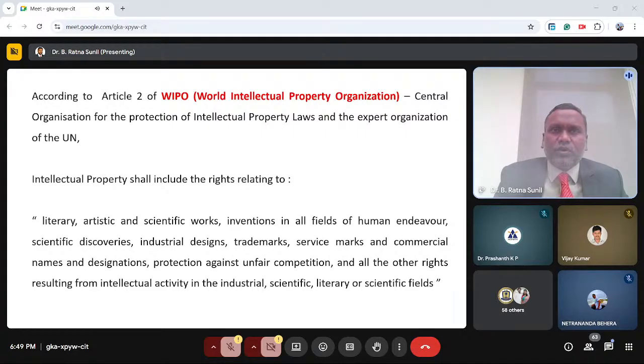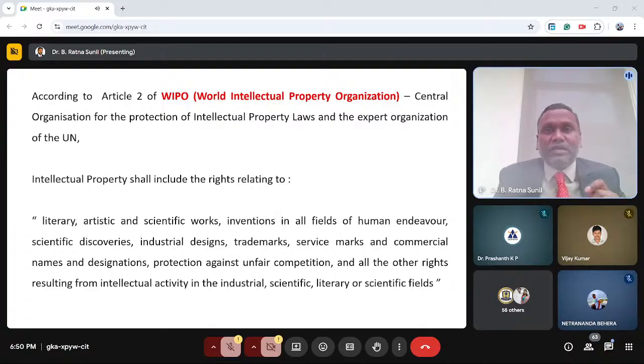As per the World Intellectual Property Organization definition, IPR can be defined as literary, artistic, and scientific works, inventions in all fields of human endeavor, scientific discoveries, industrial designs, trademarks, service marks, and commercial names and designations, protection against unfair competition, and all the other rights resulting from intellectual activity in the industrial, scientific, literary, or artistic fields.